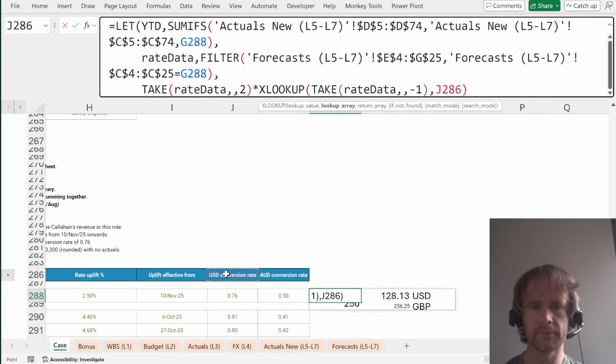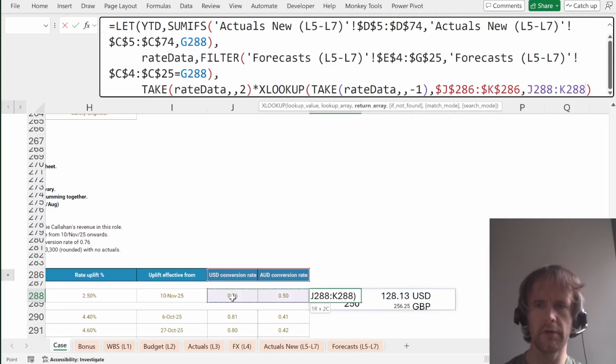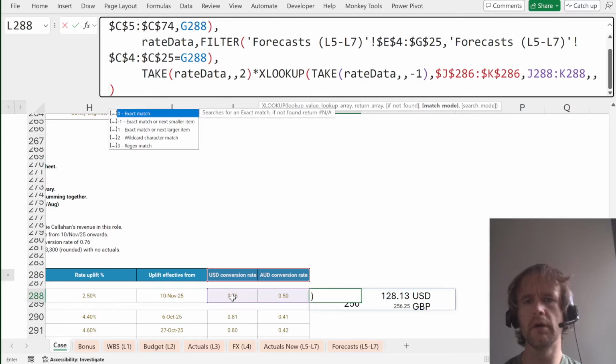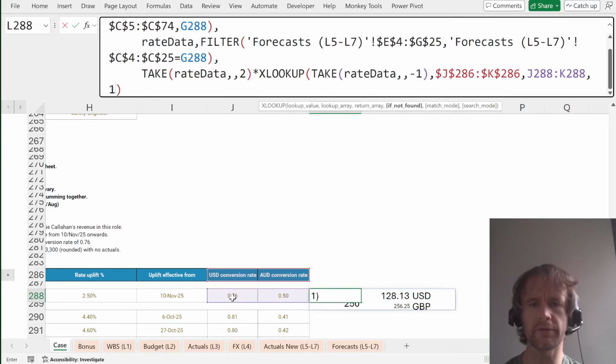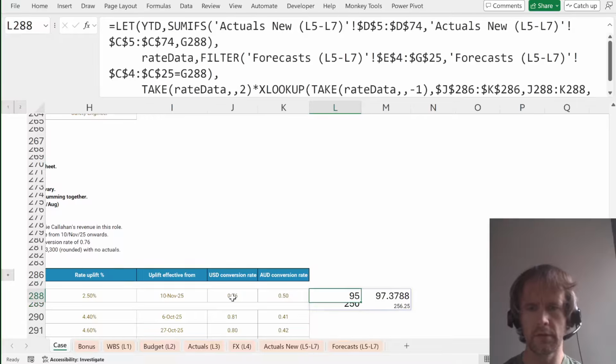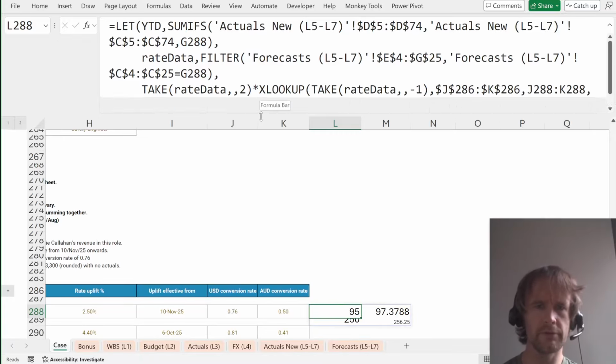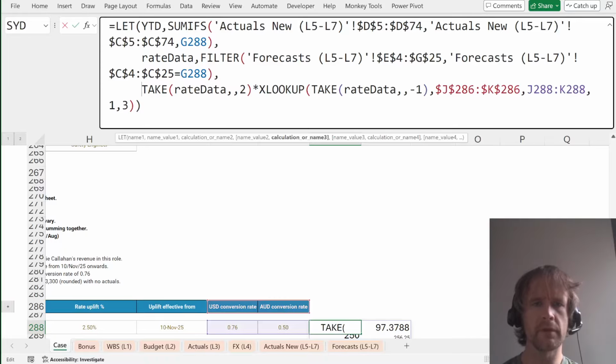In here, lock, returning from here, if not found, 1, because if it's not found, it's GBP, and match mode regex. So that's just converting them to the right currency, fine.